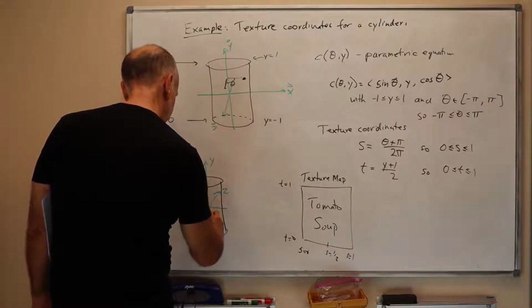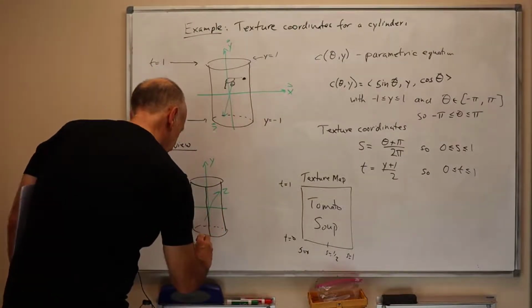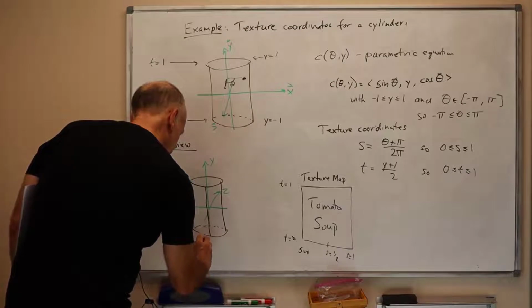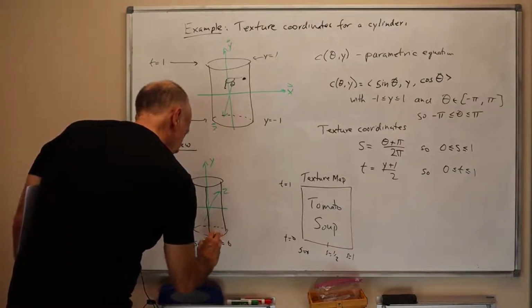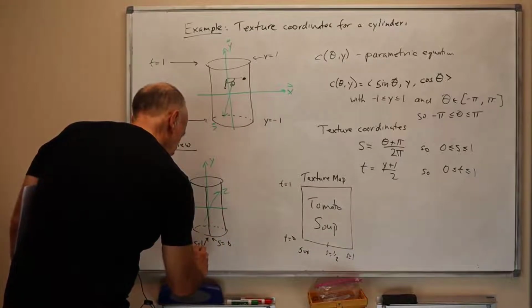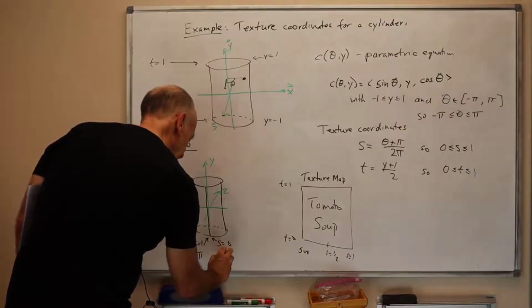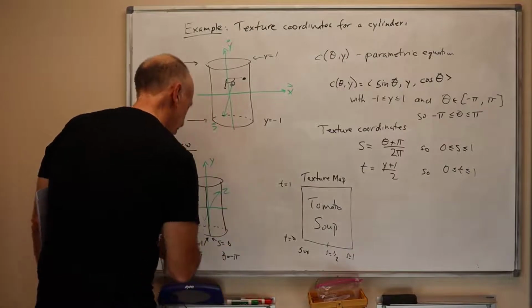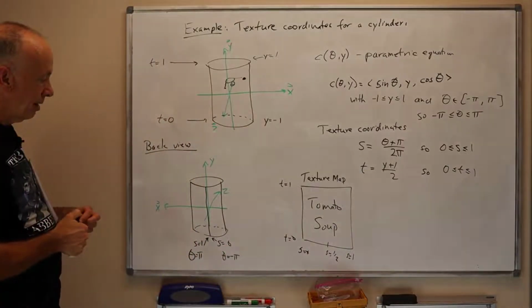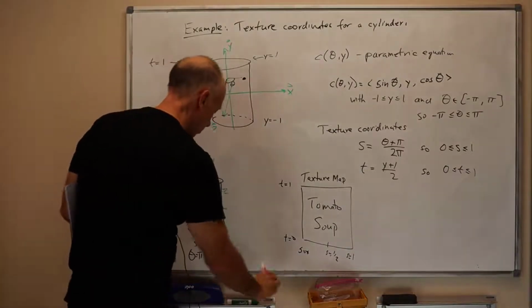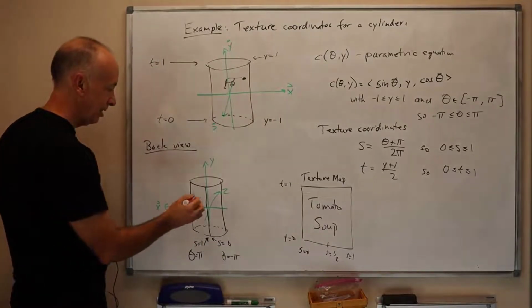And right here down the middle of the back is s equals 1 on this side and s equals 0 on this side of the seam, where theta equals pi on one side and theta equals minus pi on the other side. So strange things will happen if you have triangles crossing this seam.